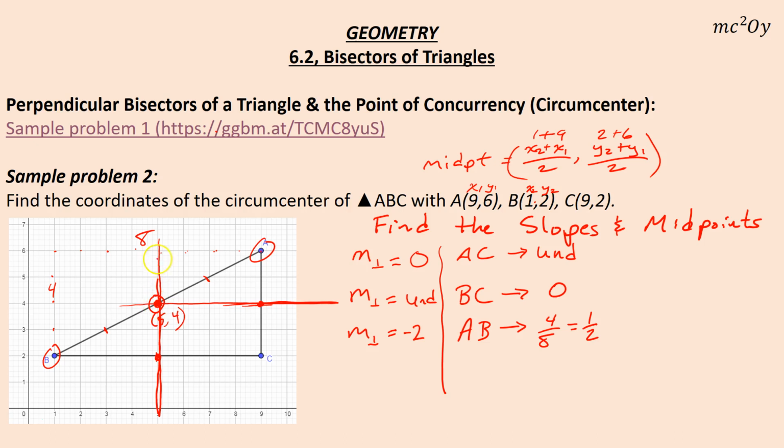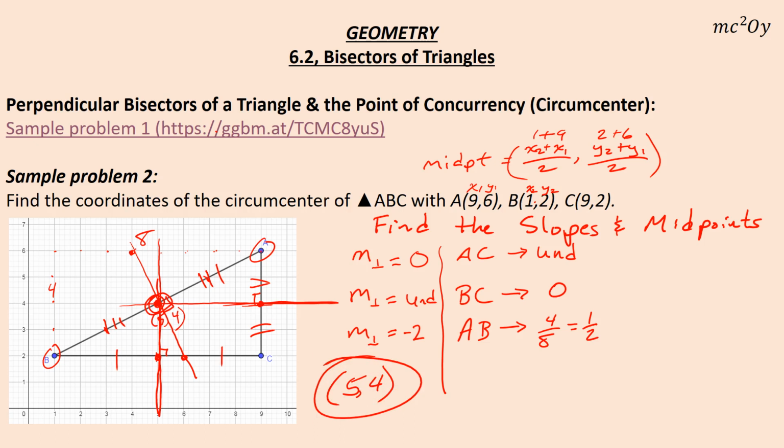This one would have to rise 2 and run 1 this way, and go down 2 and 1 this way. And notice there is your perpendicular line. Okay, you have your right angle here, it bisects, cuts in half, right? And you have your right angle there. This happens to be your point of concurrency, which is actually at the ordered pair 5, 4. So the circumcenter here is the ordered pair 5, 4.